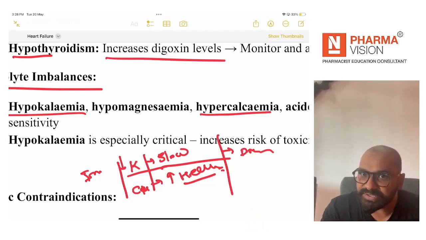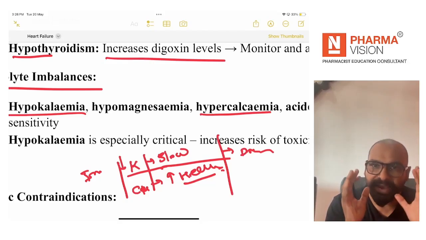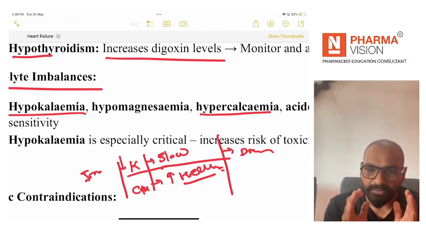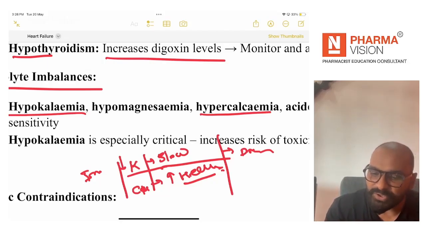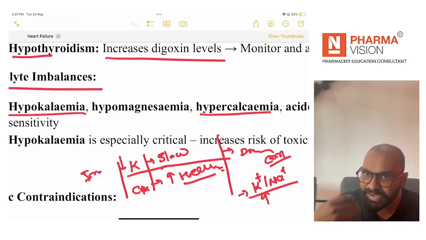Hypokalemia also changes the Digoxin effect. Hypercalcemia and hypocalcemia, these four different terms and the Digoxin effect, like Digoxin sensitivity, are very, very important, because Digoxin is acting on the sodium potassium channel. So the sodium potassium channel means the force of contraction of the myocardial muscles will increase.